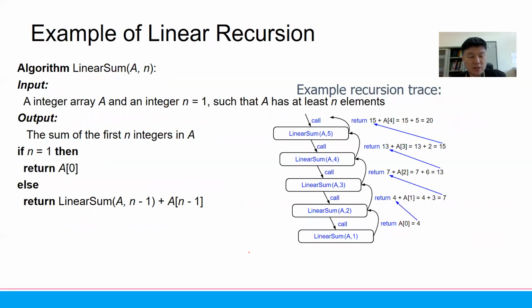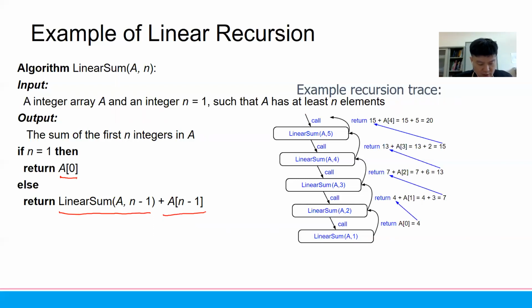One example is the linear sum. For the linear sum, if n equals 1, it returns a at index 0. Otherwise, linear sum of a comma n minus 1 is added with a at n minus 1.